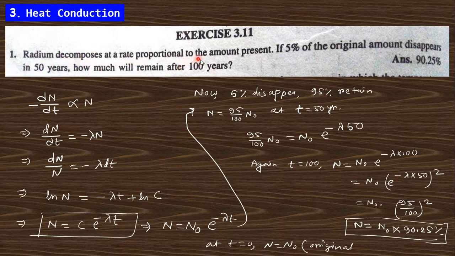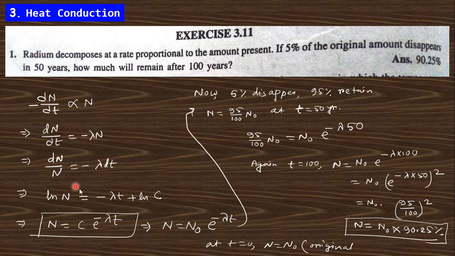Next, radioactive decay. Radium decomposes at a rate proportional to the amount present. If 5% of the original amount disappears in 50 years, how much will remain after 100 years? So the rate of decrease, that is minus dN by dt, is proportional to the amount present.